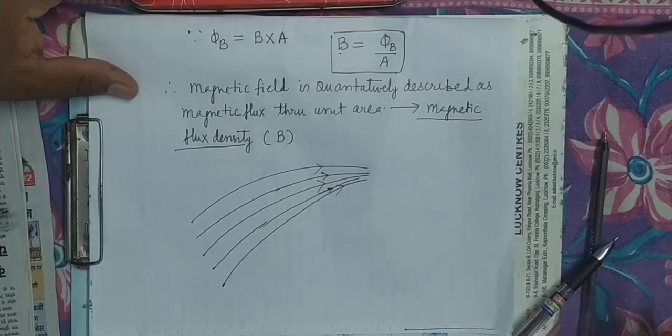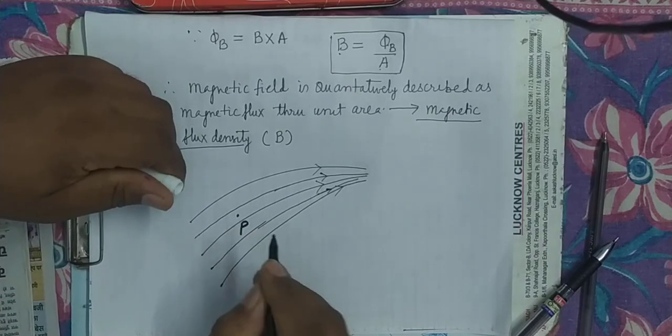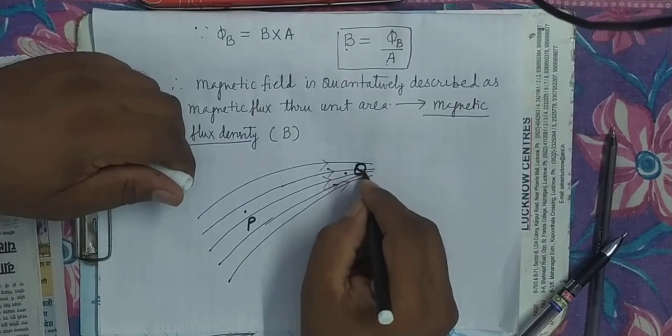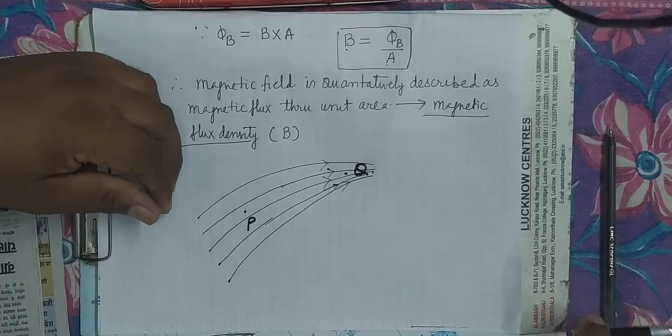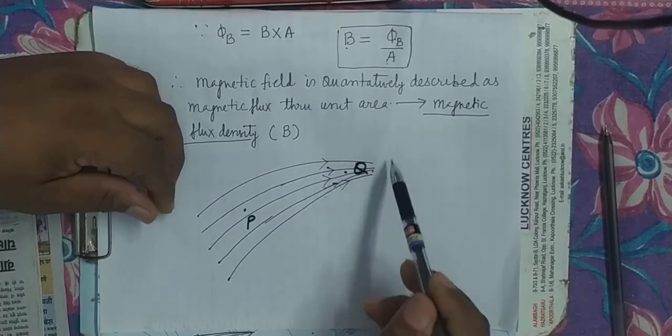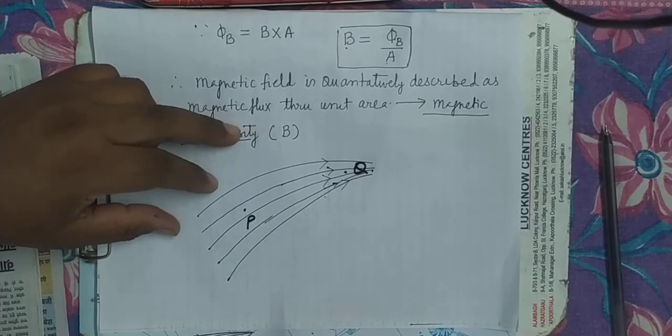It's clear. If you see here, one point is P and the other point is Q. At which point is the magnetic flux density more? At point Q, the lines of force are closer, therefore here the magnetic flux density is more.